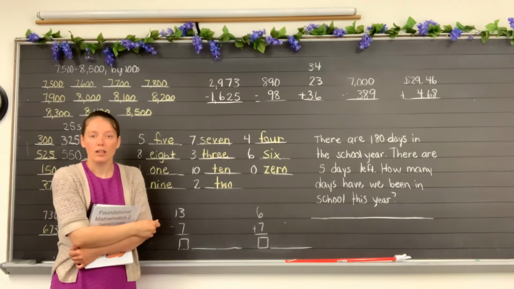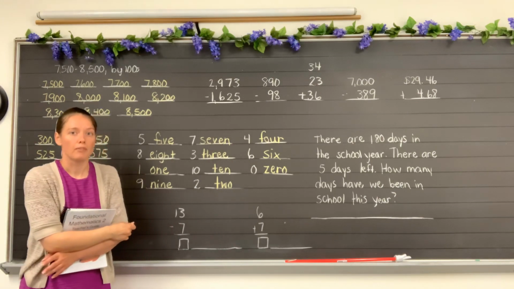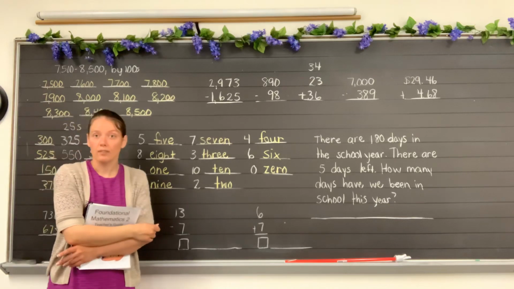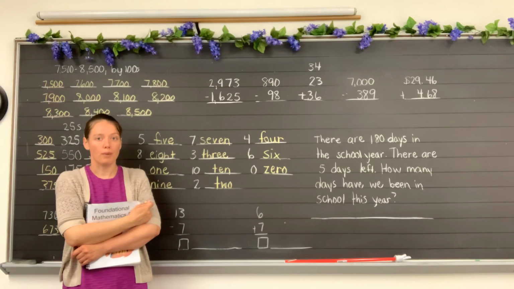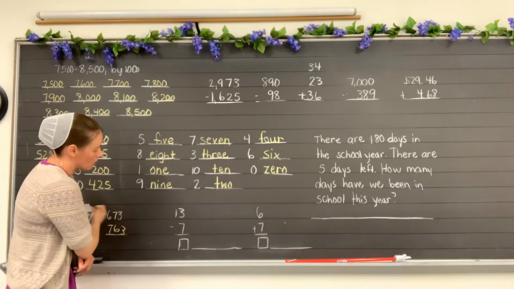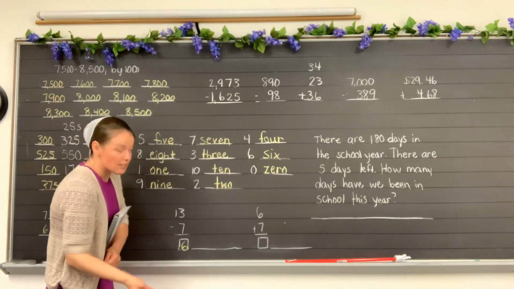Okay, and here we have a subtraction problem and an addition problem, and they want us to find the answer and put the label in. And you've had this way back even in first grade. We just want to try to remember to spell difference and sum correctly. So 13 minus 7 is 6, and that is difference, right?